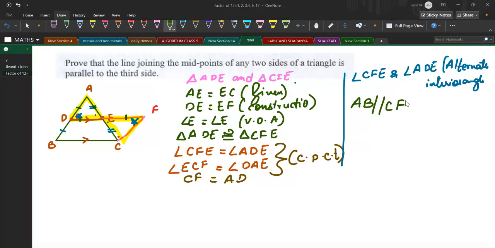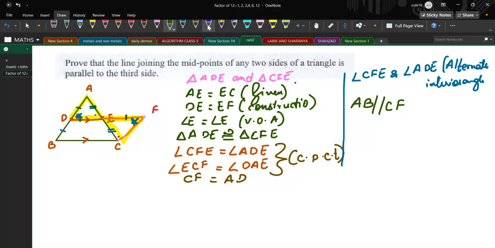Similarly, see, angle D and angle F are alternate interior angles. And somewhere here we have written that these two angles are congruent also, equal also. So when the alternate interior angles are equal, the lines on which the angles are formed are parallel.